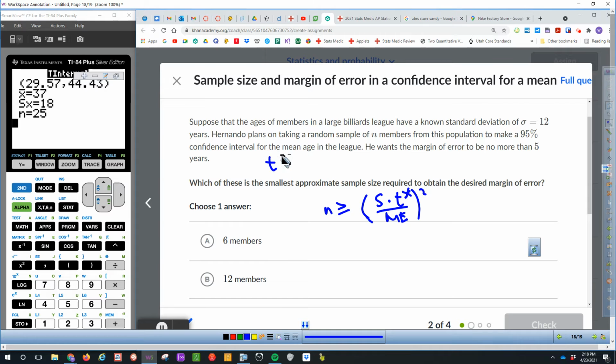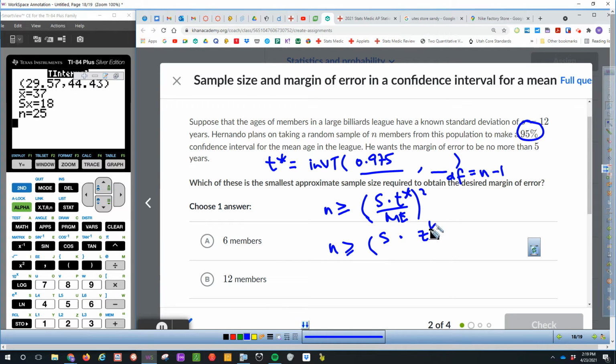T star is inverse t, with the area to the left 0.975. But the degrees of freedom is n minus 1, and we don't know n. So we cannot use t. Therefore, we have to estimate it using z, z star.